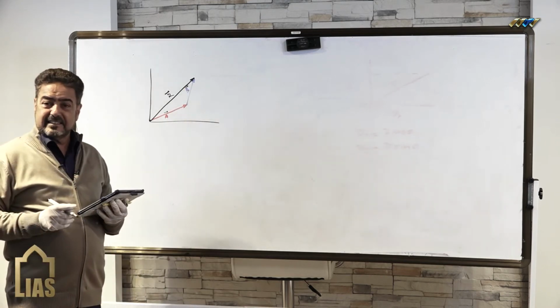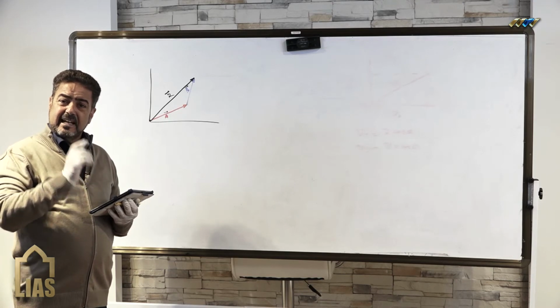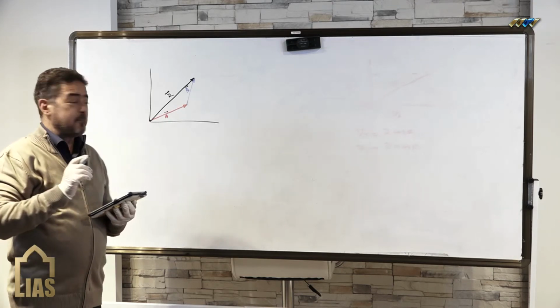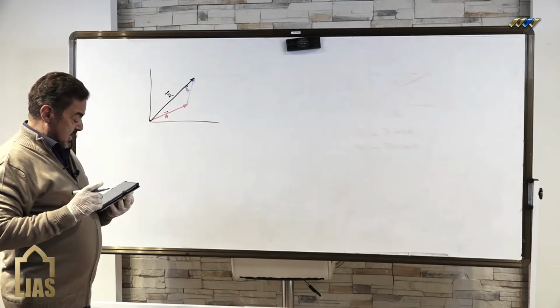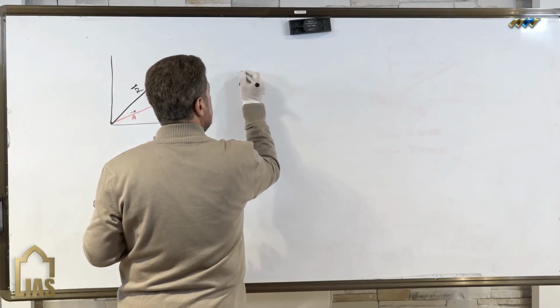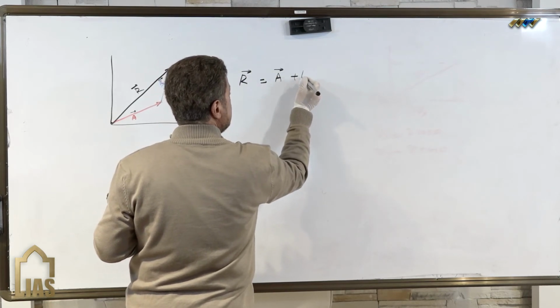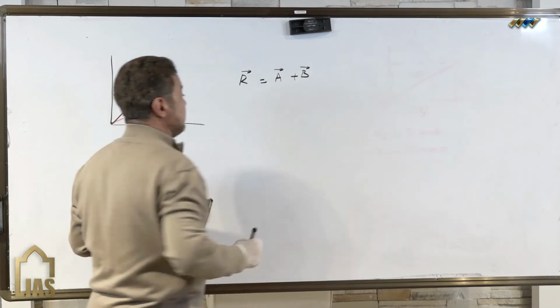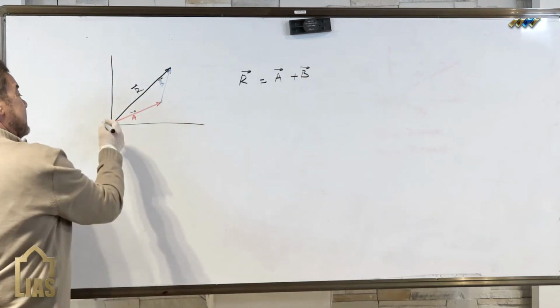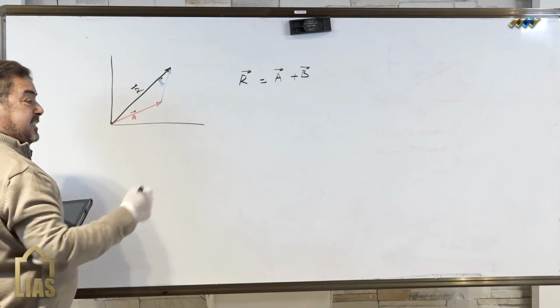R is the resultant, starting from the starting point and ending at the ending point. And we say R is equal to A plus B, since they are in the same direction, so we add these vectors.